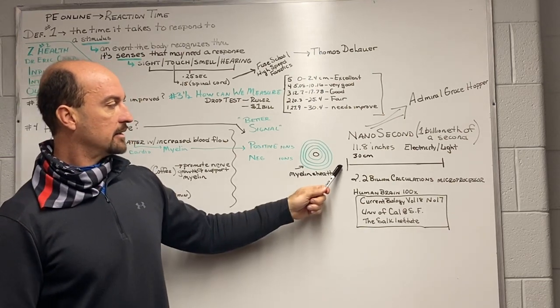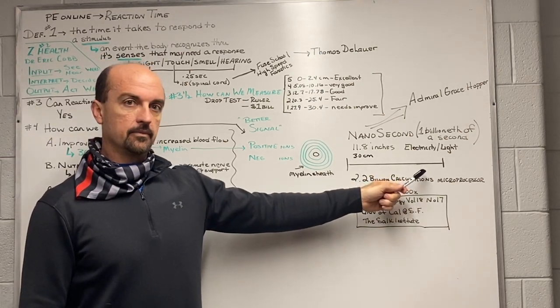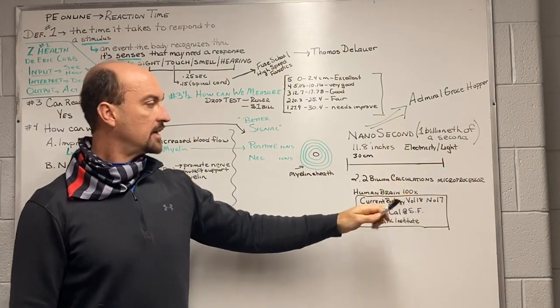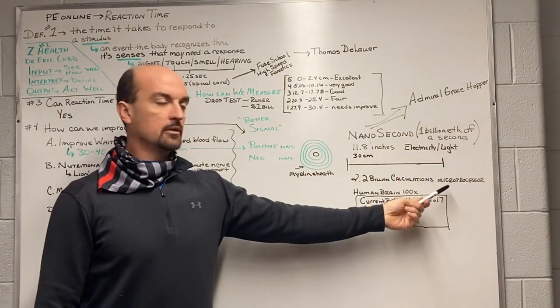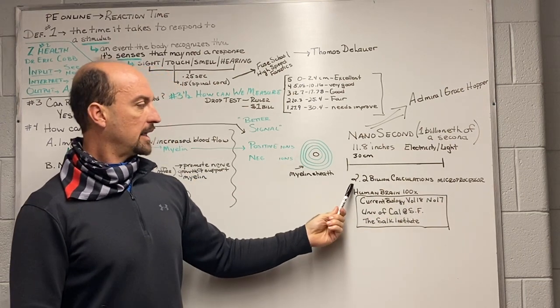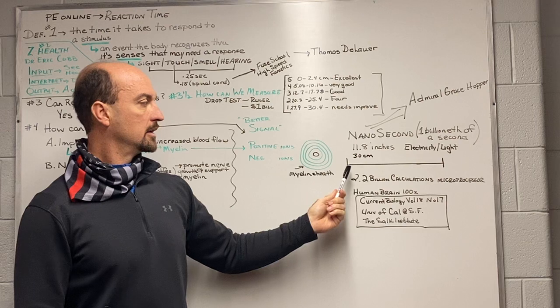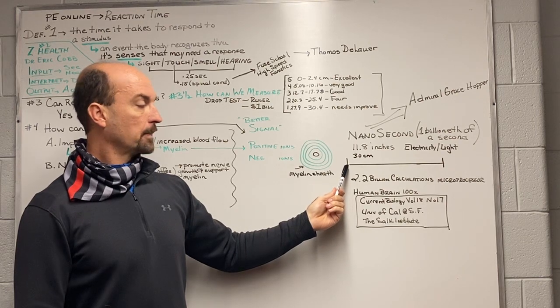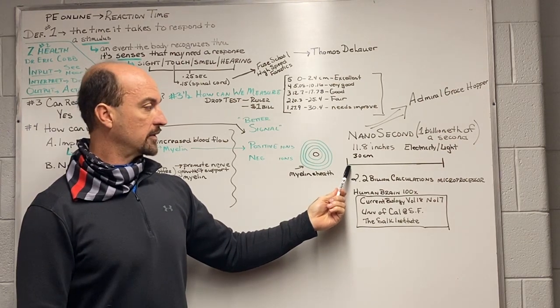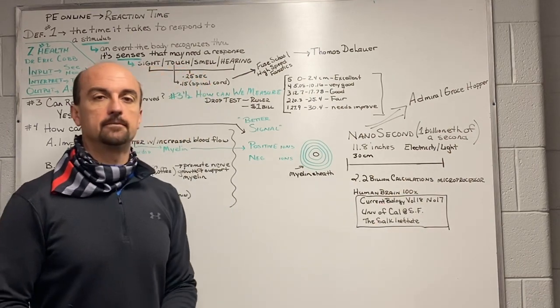In this amount of distance, as far as the reading that I could find, our current microprocessors can do 2.2 billion calculations in the time that it takes this bullet to travel from here to there.